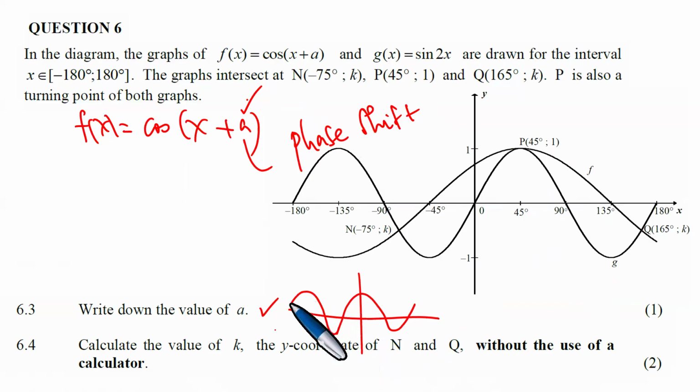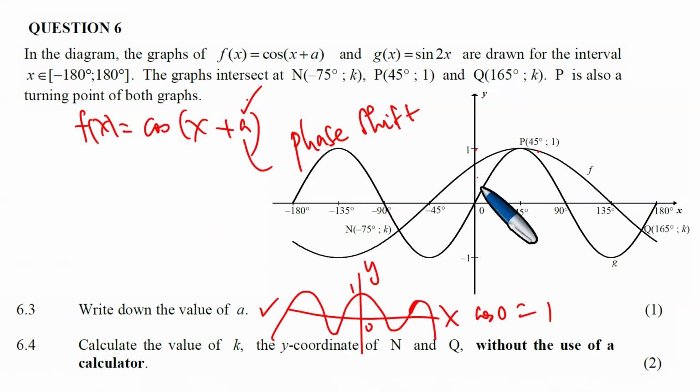We know that cosine 0 is 1. So at 0, the cosine is 1. But now you need to look at how much it has moved.